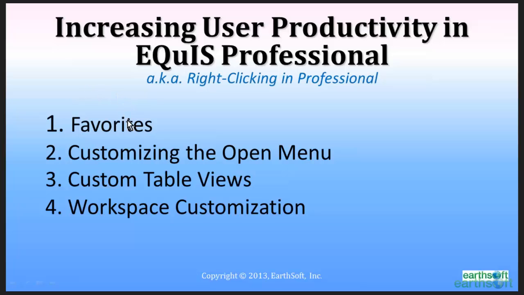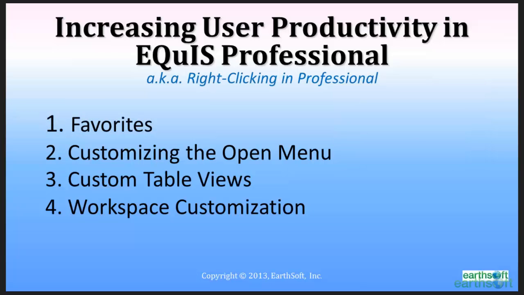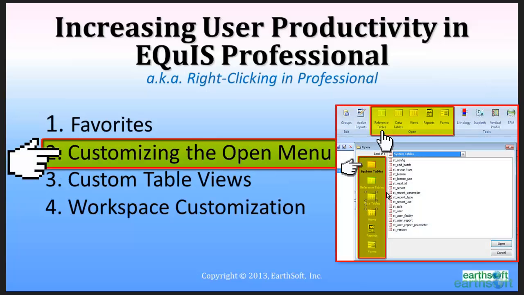So today, the first thing we're going to look at is favorites, both in the connection screen, the login screen, and in EQuiS Professional, and the user interface, making reports and forms and tables favorites. We're going to look at the open menu, creating report groups, looking at different ways to access things in the open menu and customize that a little bit.